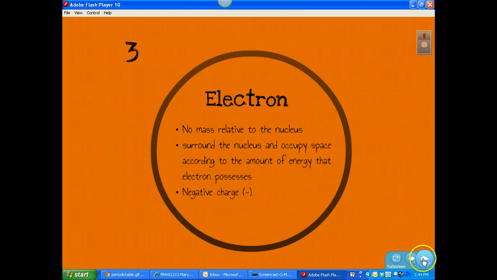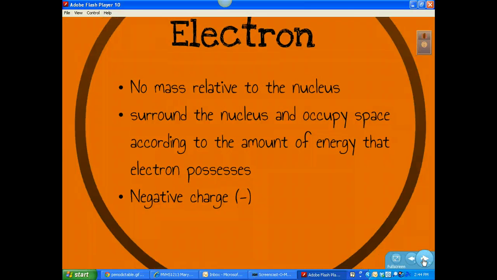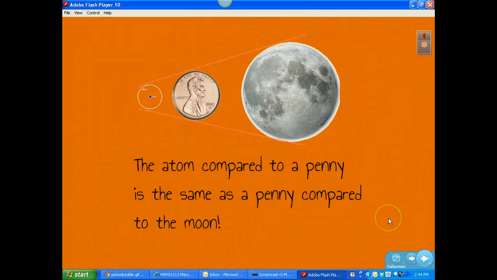Okay. When we talk about the size of single atoms, we're talking real tiny. So real quick, just take a look at this. I know that my picture might be blocking this, so I'll read it. It says the atom compared to a penny is the same as a penny compared to the moon. So imagine you walk to the moon and you take a penny and you're standing there, all right?